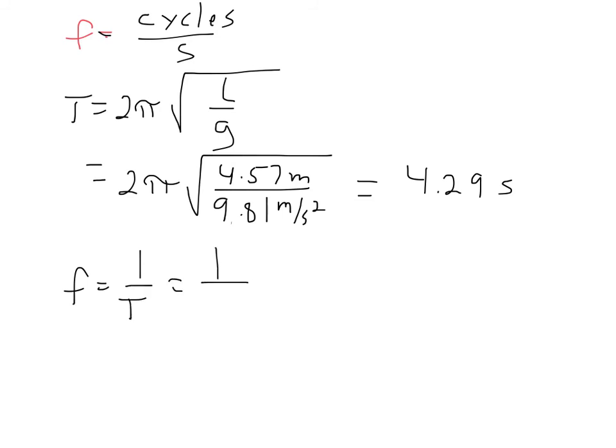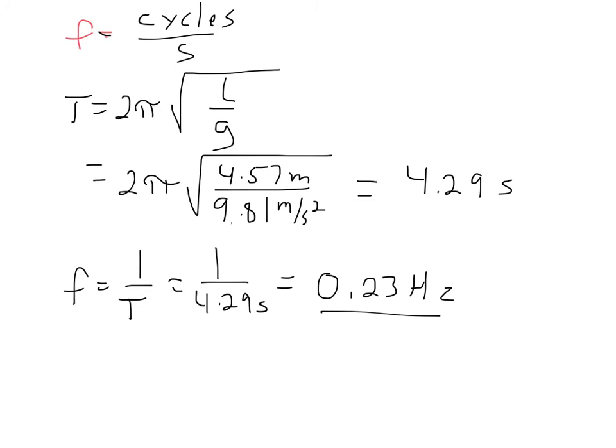So do 1 over 4.29 seconds. When we do that math, we should get our frequency is 0.23 hertz, which is 0.23 cycles per second. So this pendulum does not complete a full cycle in 1 second. It completes 0.23 cycles in 1 second.